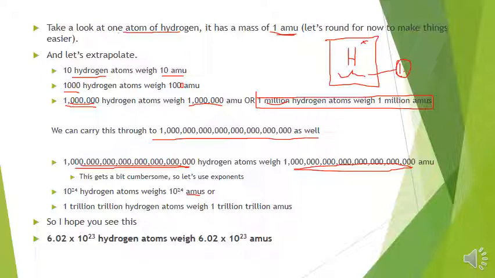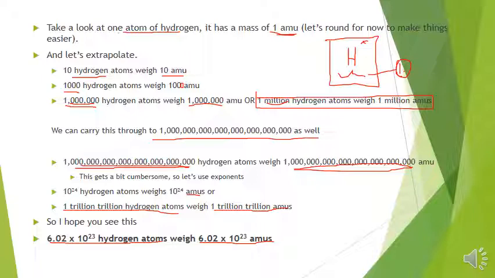And you could write it out in terms of words: 1 trillion hydrogen atoms weigh 1 trillion AMUs. You could also write it as 6.02 times 10 to the 23rd hydrogen atoms weighs 6.02 times 10 to the 23rd AMUs.